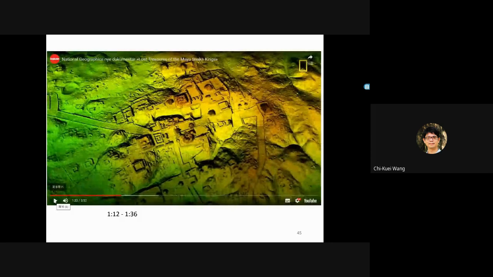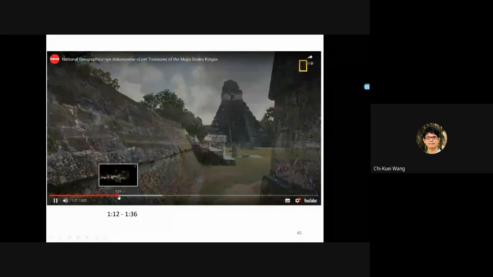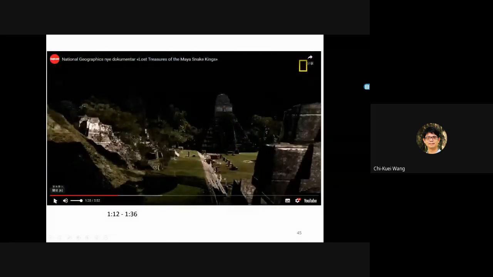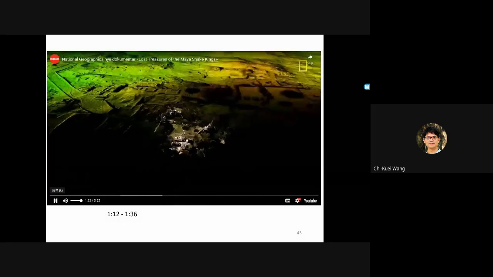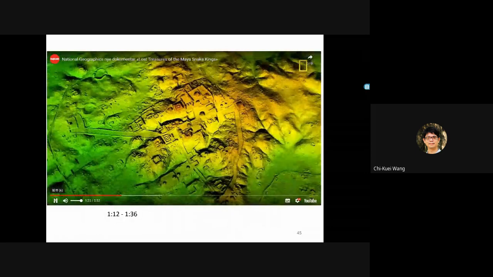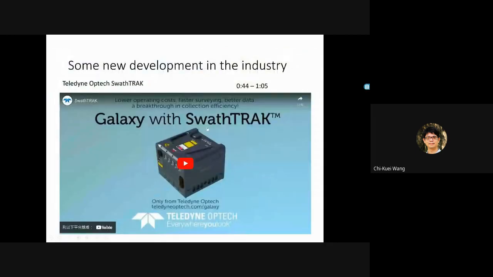What they did was scan the area with a terrestrial laser scanner and register the data set to the global coordinate system, so it can merge with the airborne LiDAR data. This is a very fun example.